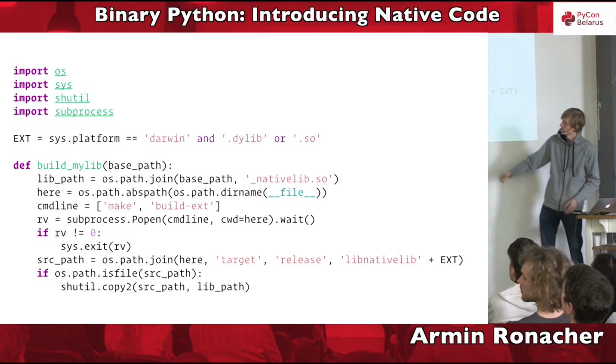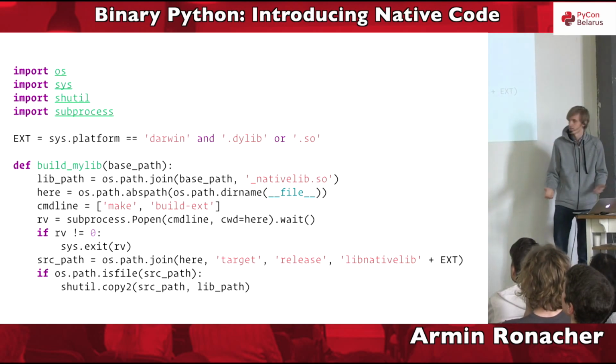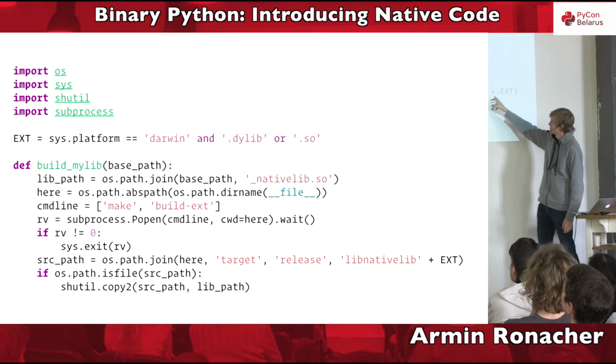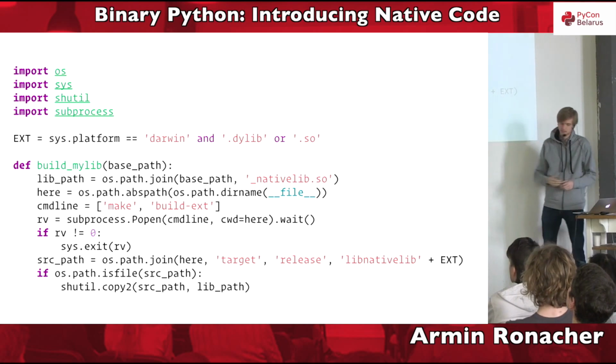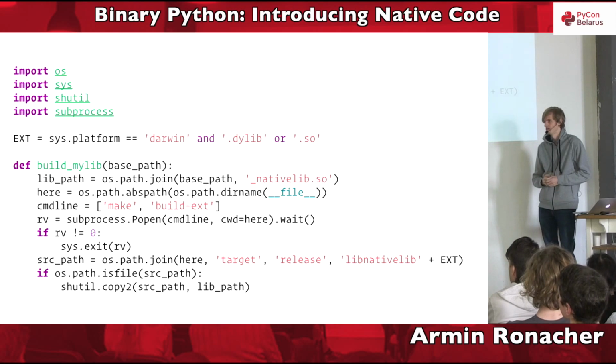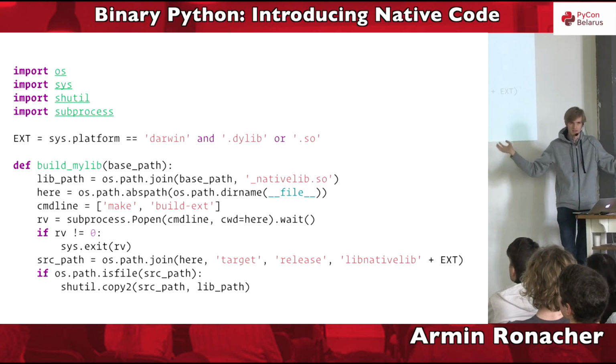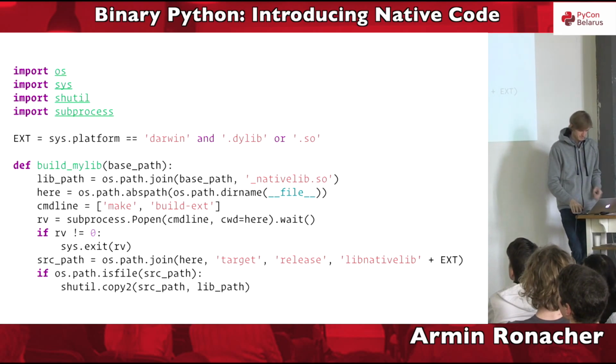We use a makefile. We invoke the makefile, and we hope the makefile produces the end result, and then we copy from where the makefile puts the stuff into our destination path, which means that we can only build one SO per this build_mylib, but that's fine. That's all we do. We link everything into one huge file and then import that.